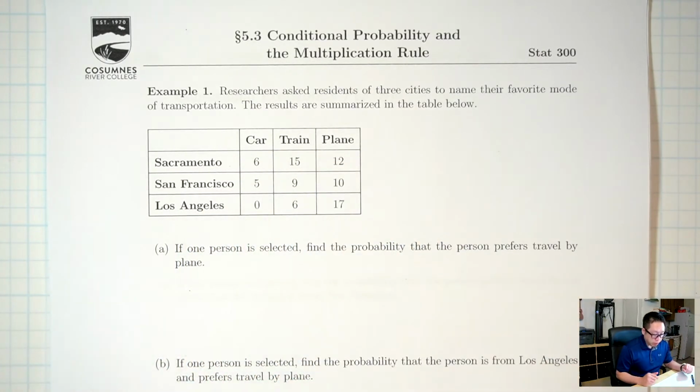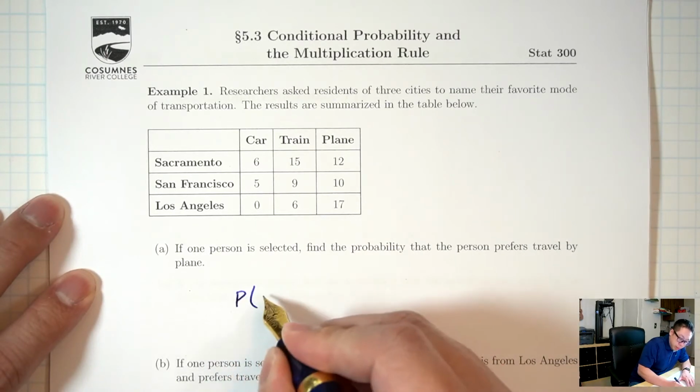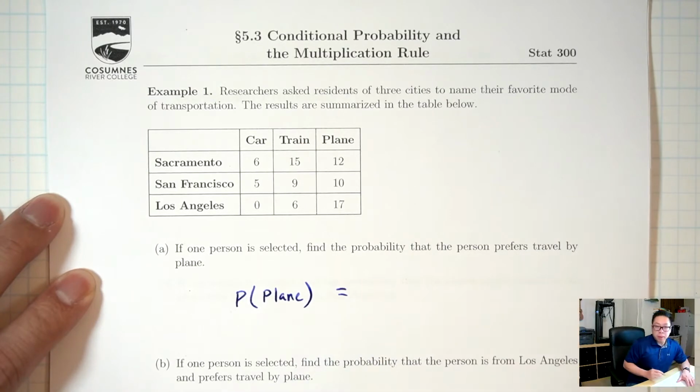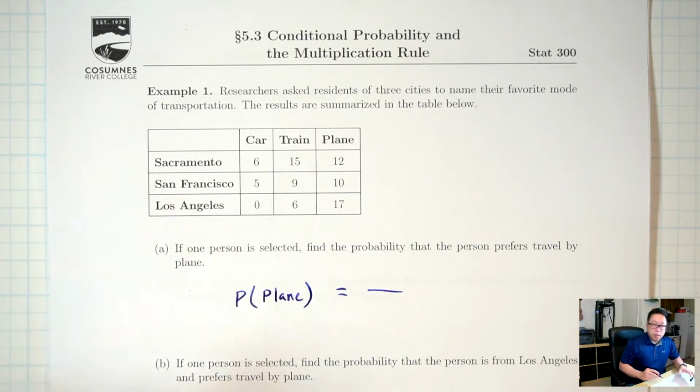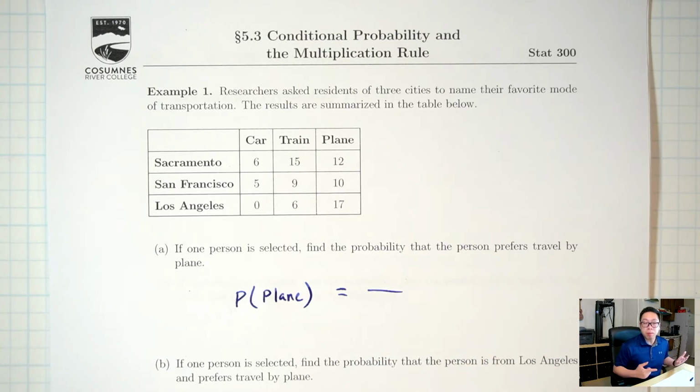Part A. If one person is selected, find the probability that the person prefers travel by plane. In symbols, what I'm looking for here is probability of plane. So I'm picking one person, but the bottom number here is going to be how many possible people I could have picked. That's just going to be the total number of people I have in my table.